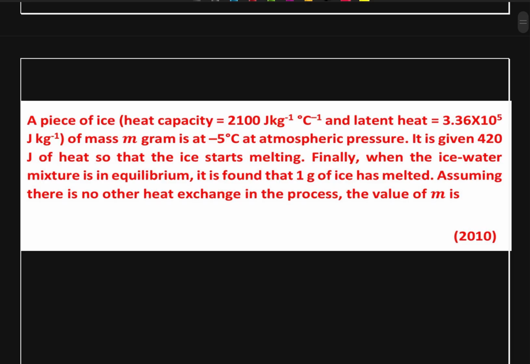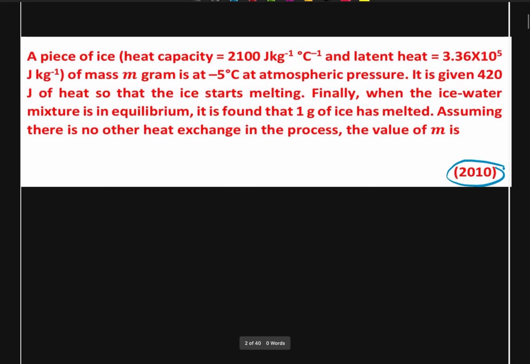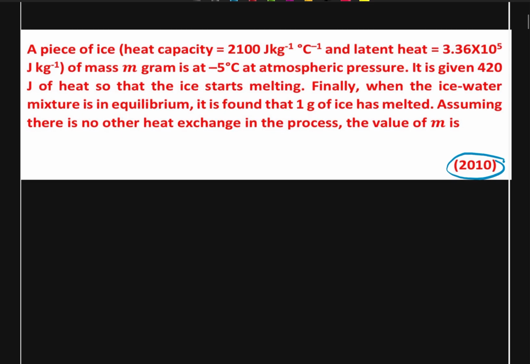So the first question was asked in the year 2010, and it states that a piece of ice, heat capacity 2100 and latent heat 3.36 into 10 to the power 5, of mass m gram is at -5 degrees centigrade at atmospheric pressure.